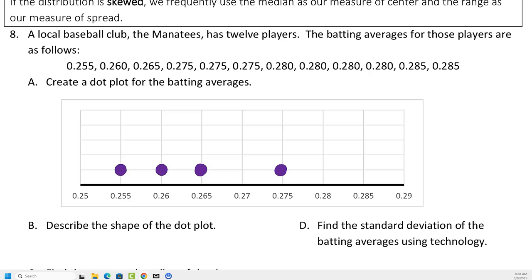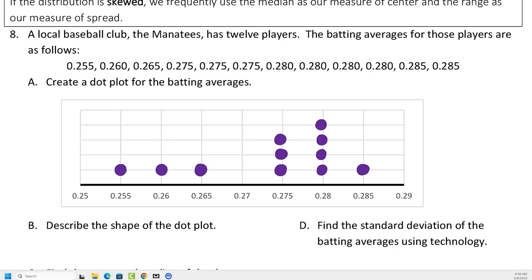And then there's a second 0.275 and a third 0.275. And then to 0.28, there's 1, 2, 3, there's 4 of them. So now I'll do 1, 2, 3, 4, and then the 0.285 here.